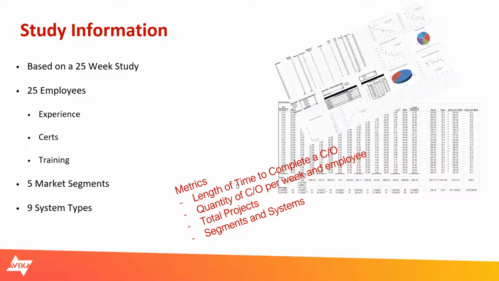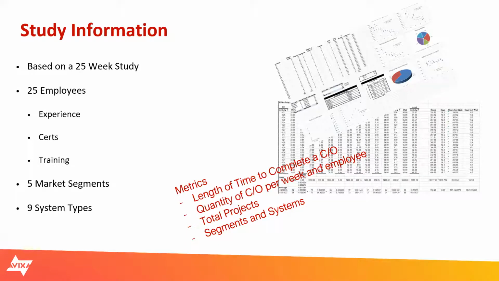What our goal was to find out was how long it takes to complete a change order. The process that we determined was bogging the organization down, or somewhere that could be improved that would positively impact the organization, was the change order process. One was to reduce the number of change orders. Two was making the process more efficient if you did have to process a change order.